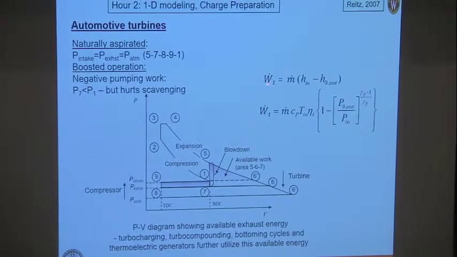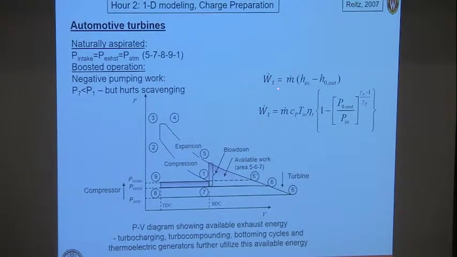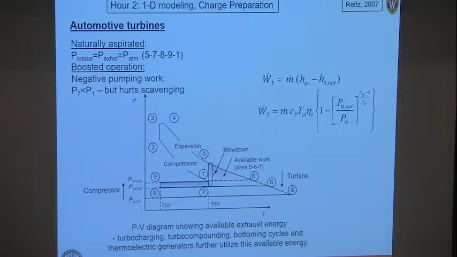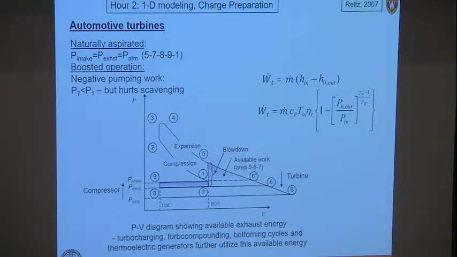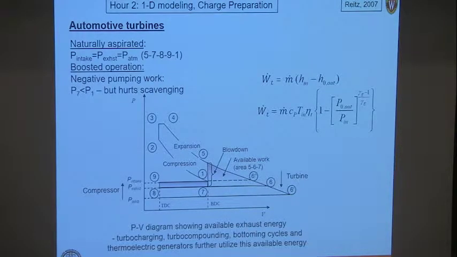But basically, the work required or extracted from the flow by the turbine is the mass flow rate, the difference in enthalpy across the turbine, which again I can relate to the pressure ratio across the turbine, the efficiency, and the specific heat at constant pressure. All of those are parameters that you would use if you were designing a system. We already know what we want from our compressor. This would help you then design the corresponding turbine.